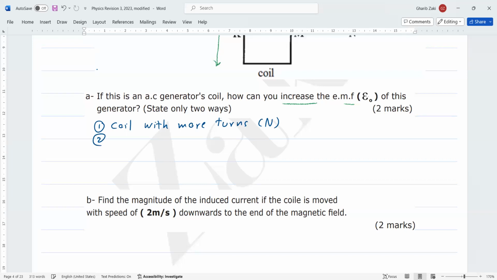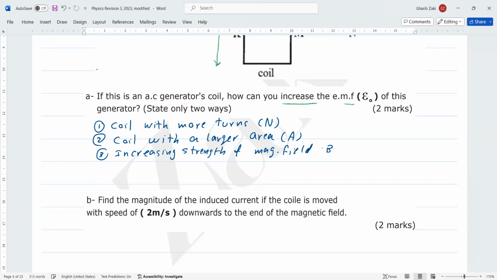Number 2, coil with a larger cross-section area, A. Number 3, increasing the strength of magnetic field B. Number 4, increasing the frequency of rotation, move it faster, increasing the frequency of rotation of the coil, or you can say move the coil faster.